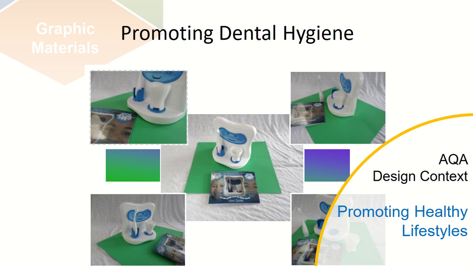It has a pretend LCD screen on there, and the idea behind it was that the young person, as they were brushing their teeth, would receive messages from the product encouraging them to brush certain areas, prompting them as to how to be more effective in their brushing, but also ensuring that they brush for long enough. This student also took the opportunity to do some graphic design in the front cover design for their instructional booklet.